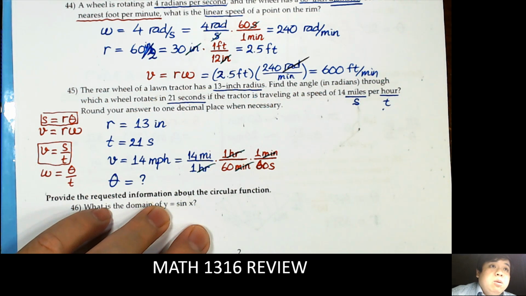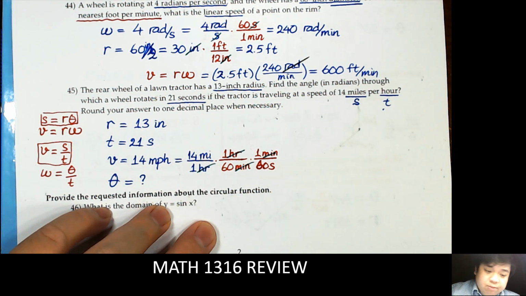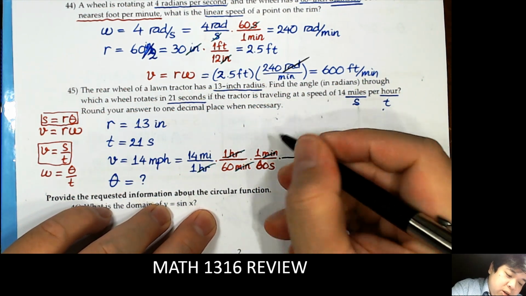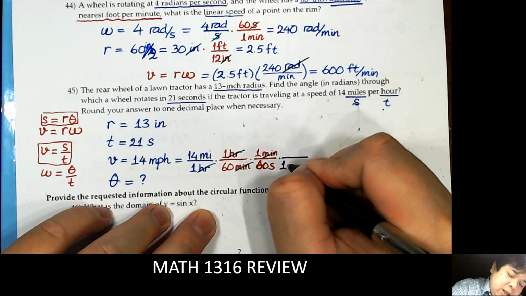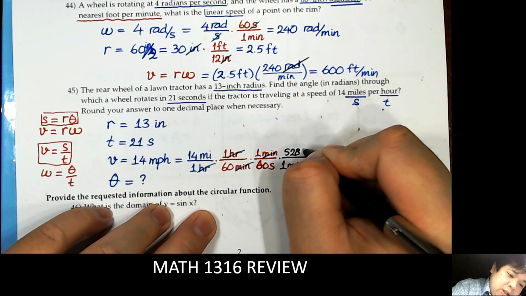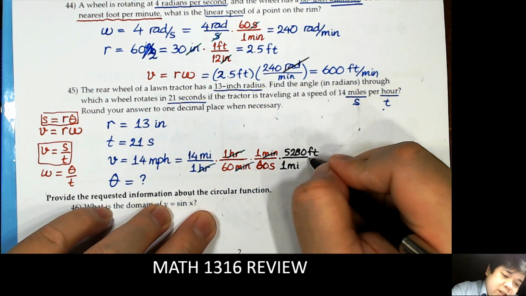Finally, we don't want the mile, we want inches. So a different conversion unit. 1 mile is equal to 5280 feet, sorry.